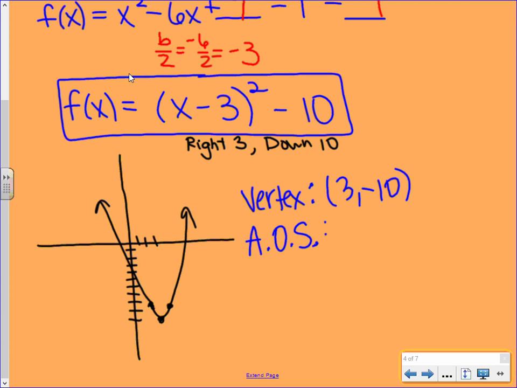AOS stands for axis of symmetry. Will, where's our axis of symmetry? What's the vertex? So how would you describe the equation of that line? X equals 3. Remember, it has to go through the x coordinate of our vertex, since it's a vertical line.